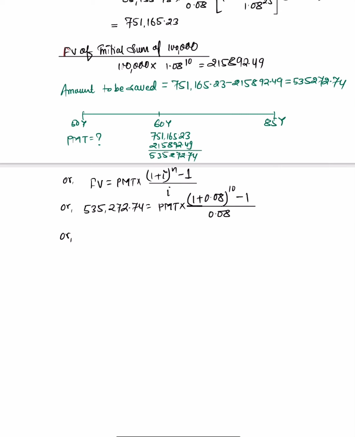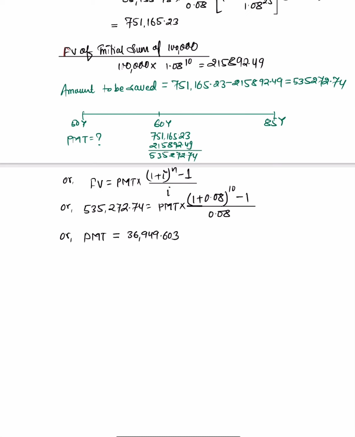The PMT, the amount you need to deposit at the end of every year for your desired retirement plan, is 535,272.74 times 0.08 divided by (1.08 to the power 10 minus 1). That turns out to be 36,949.603.